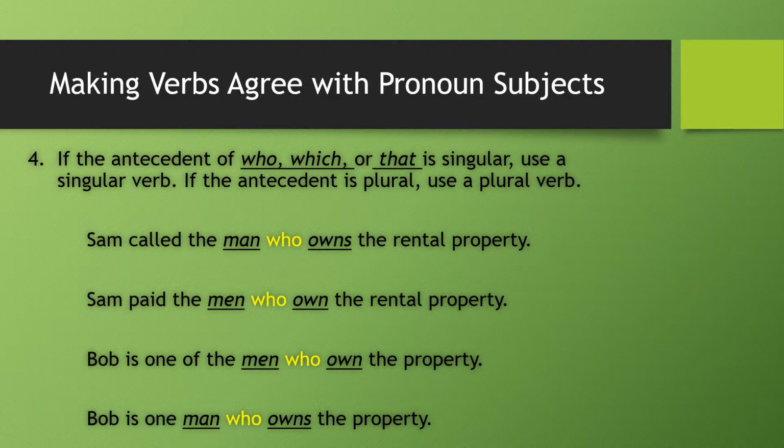We have who, and the antecedent of who is man, singular, so we have a singular verb, owns. Sam called the man who, Sam paid the men who, Bob is one of the men who, Bob is one man who. And then the verb is determined by the number of the subject, the antecedent to the pronoun.